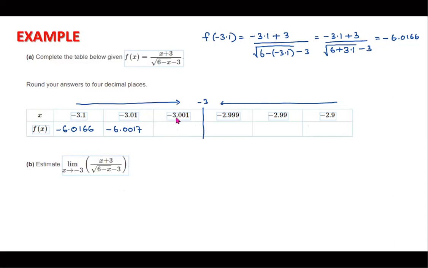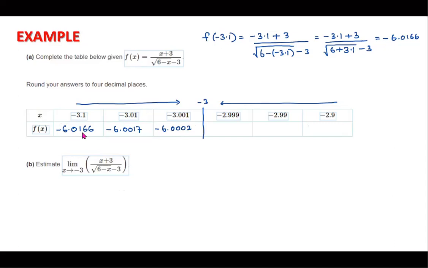And again, if you plug in negative 3.001, make sure you check it with your calculator, you should get negative 6.0002. So when x approaches negative 3 from the left, the value of the function approaches negative 6.